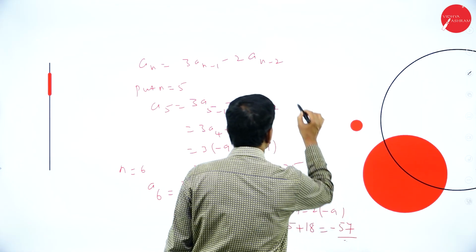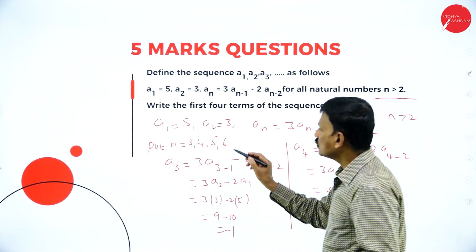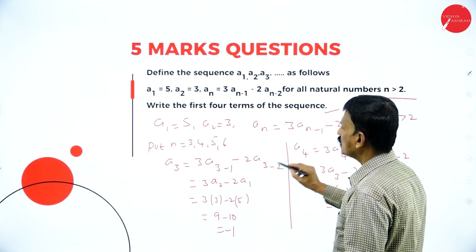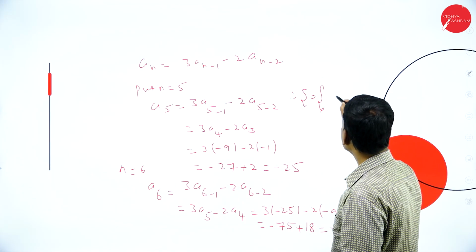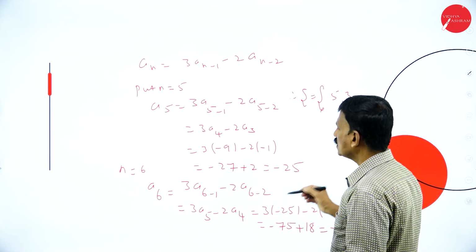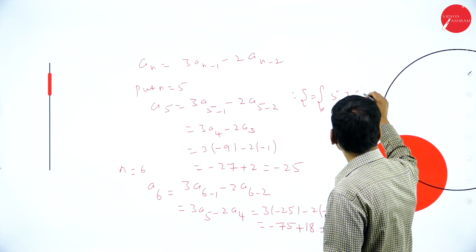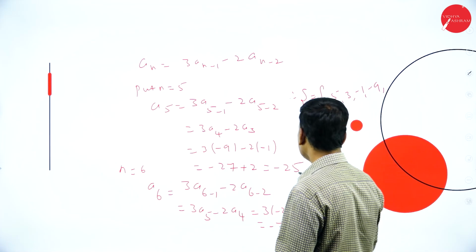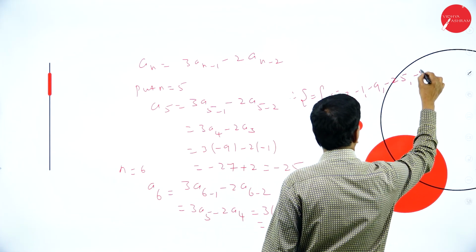That's it. So therefore the sequence S is what we got. a1 is 5, a2 is 3, then a3 is minus 1, a4 is minus 9, then minus 25, then minus 57.